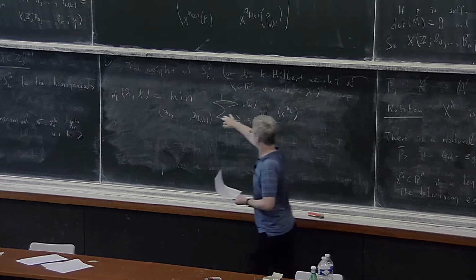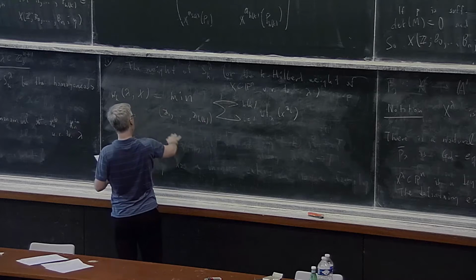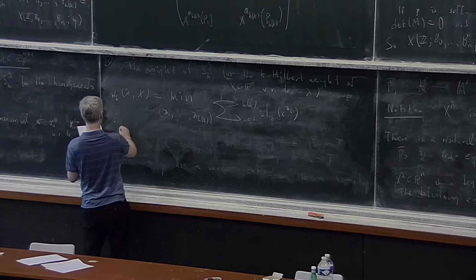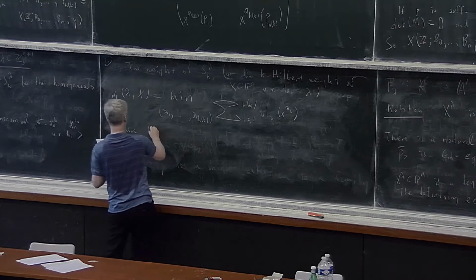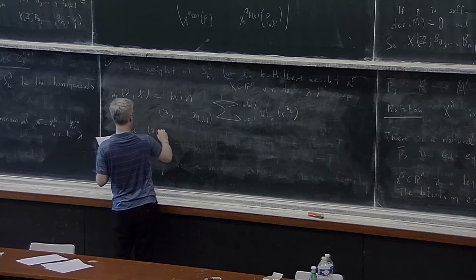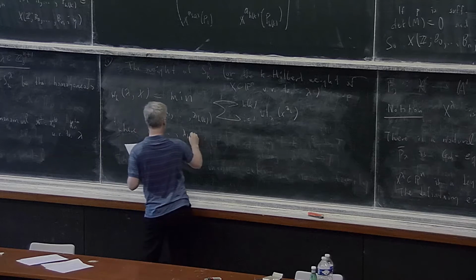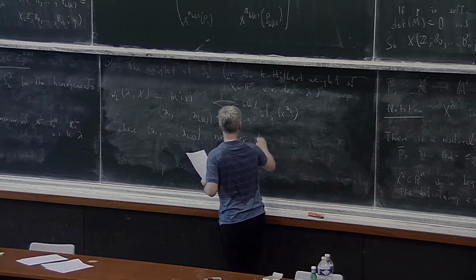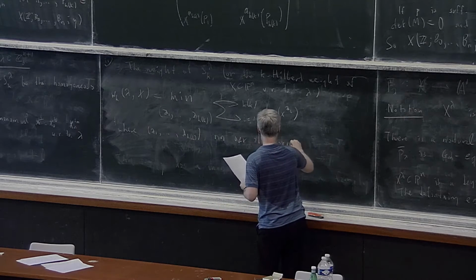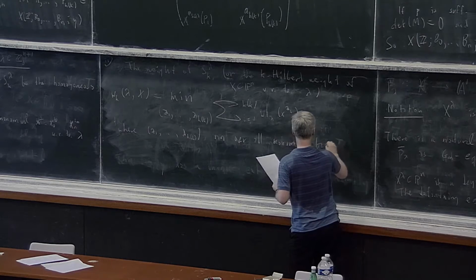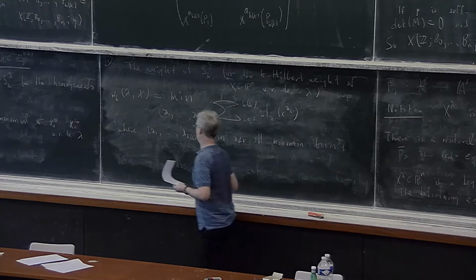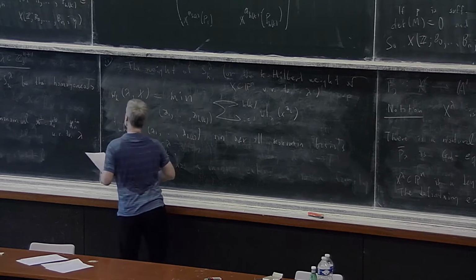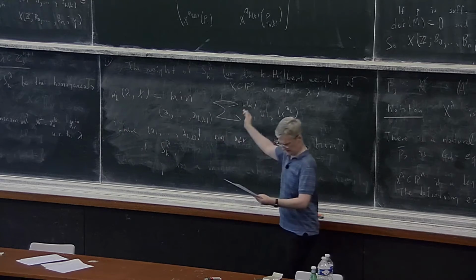So now I look at this sum among all monomial bases, where a_1 up to a_h(k) run over all monomial bases of S_k lambda. So these are now my definitions of these weights.